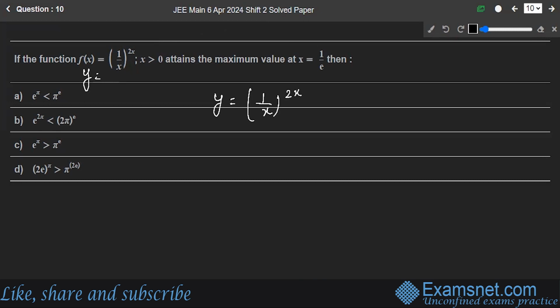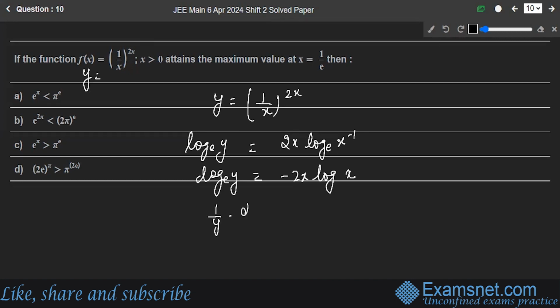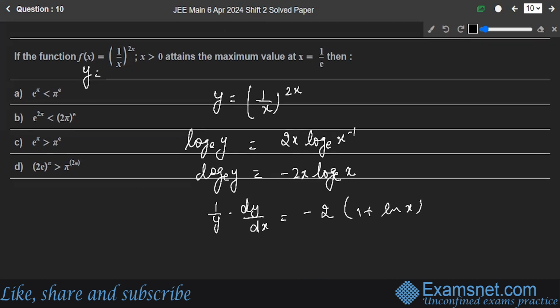Taking log on both sides, you will have log y is equal to 2 log of x raised to power minus 1, or this is equal to minus 2x log x, right? This is your log e. And now taking derivative on both the sides, you will have 1 by y dy by dx is equal to minus 2 times 1 plus natural log x.